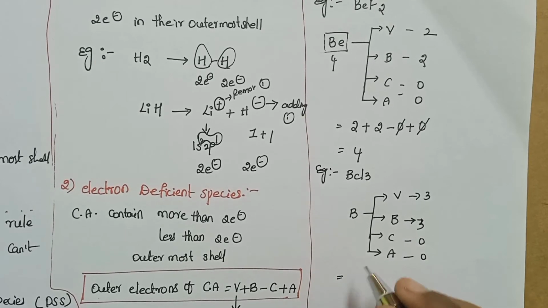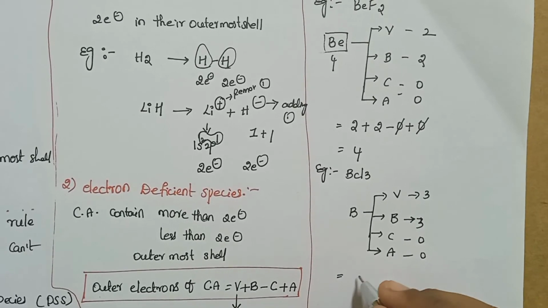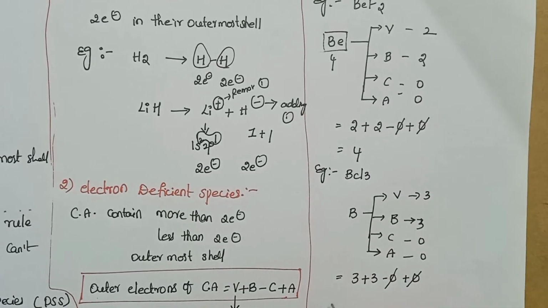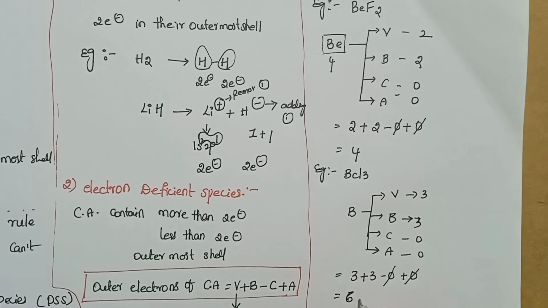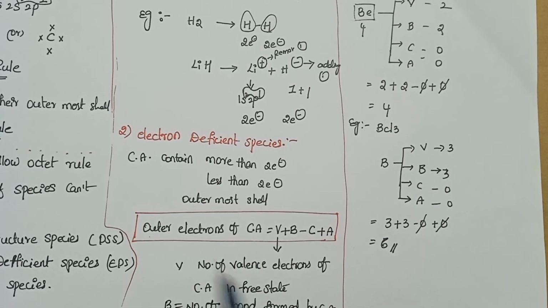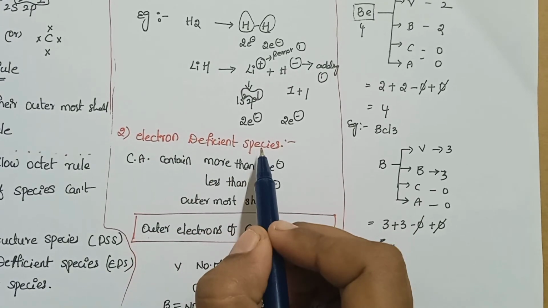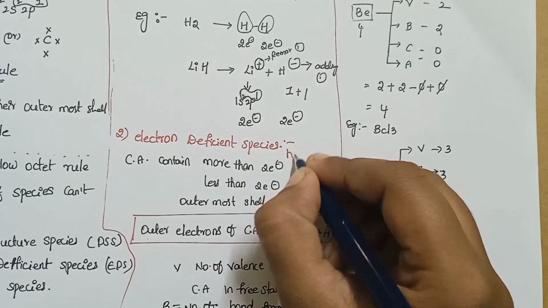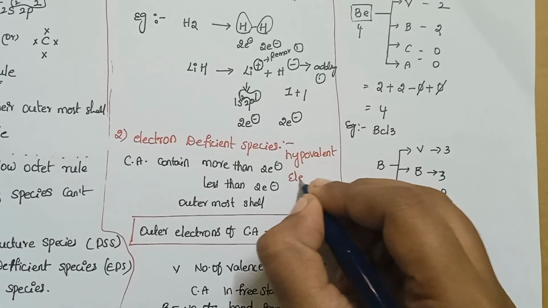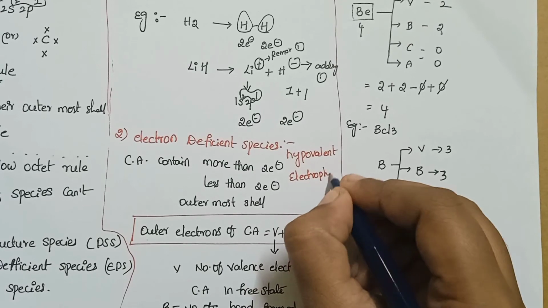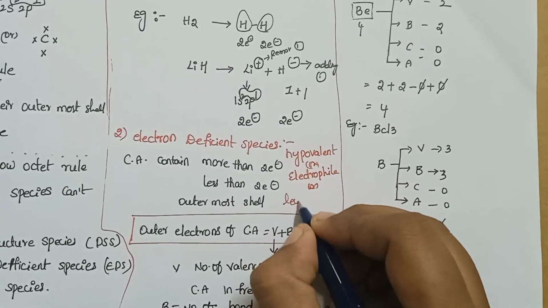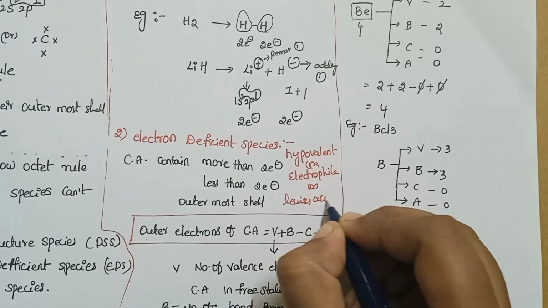Apply the equation: 3 plus 3 minus 0 plus 0 is equal to 6. This electron deficient species is also called hypovalent, electrophile, or Lewis acid.